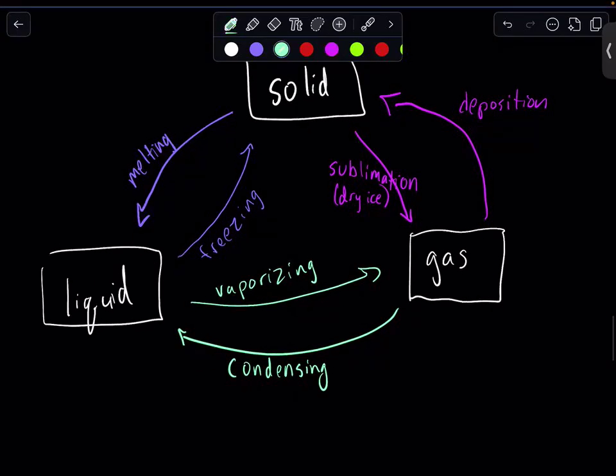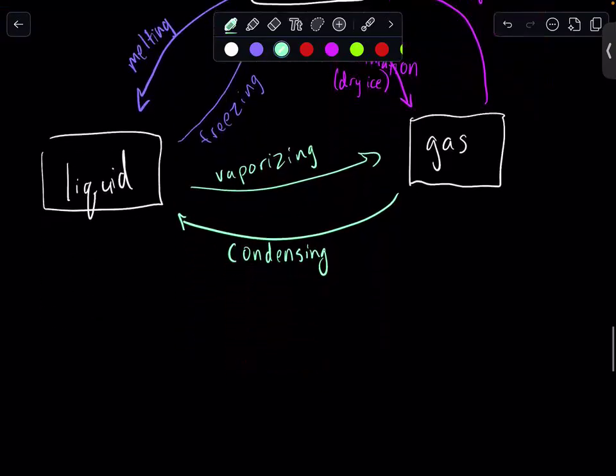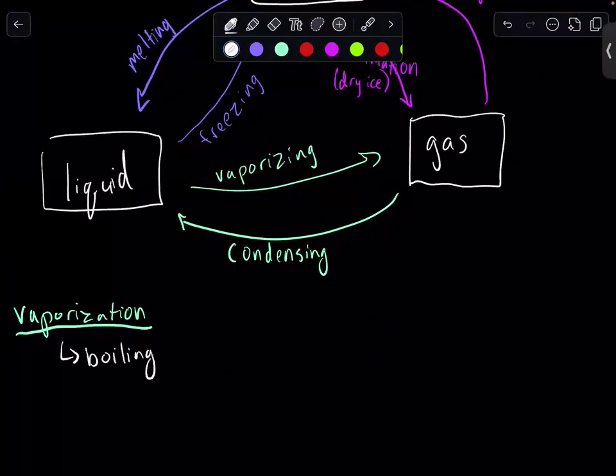I did mention before this closes out, I'm going to go over vaporizing. Vaporization actually breaks into two subcategories. We have boiling, and we also have, further down, evaporating. I'm going to clarify a couple things.